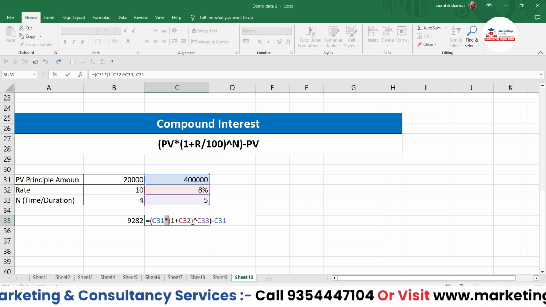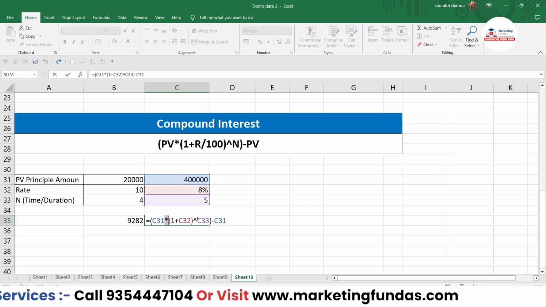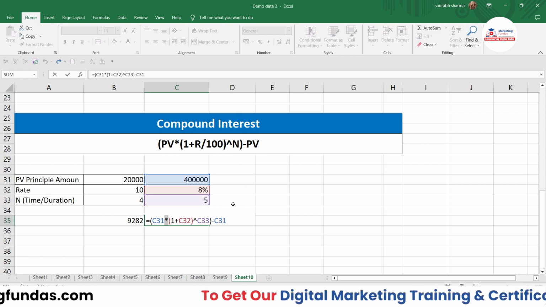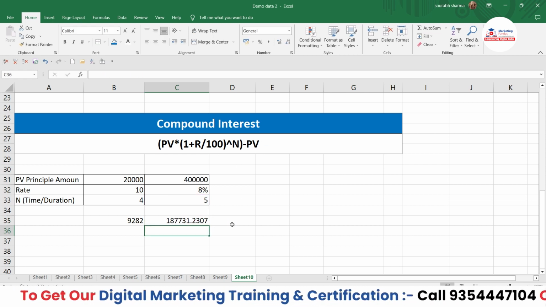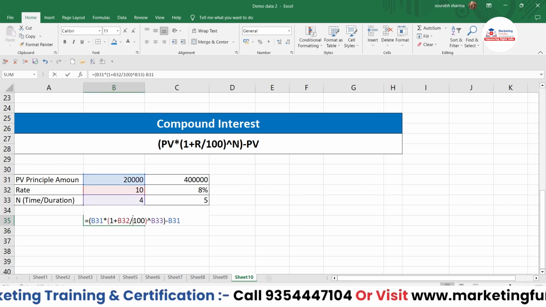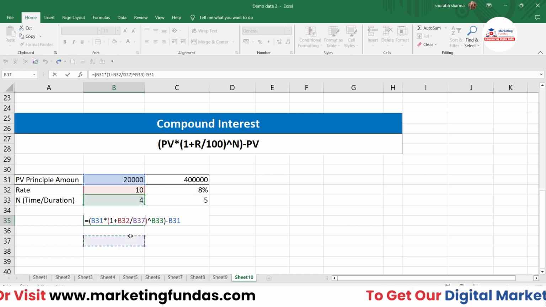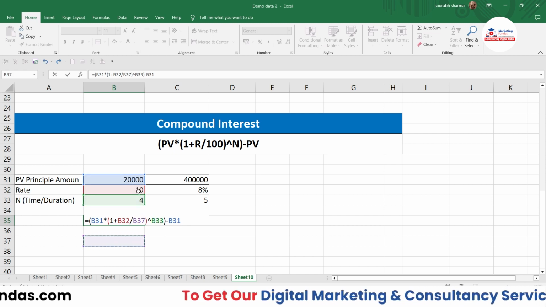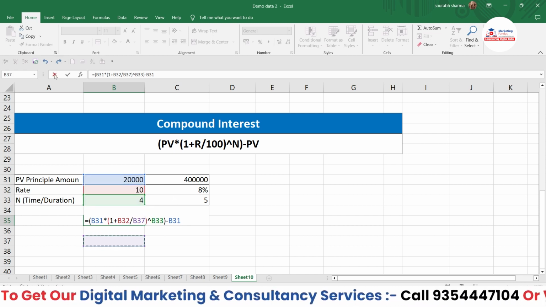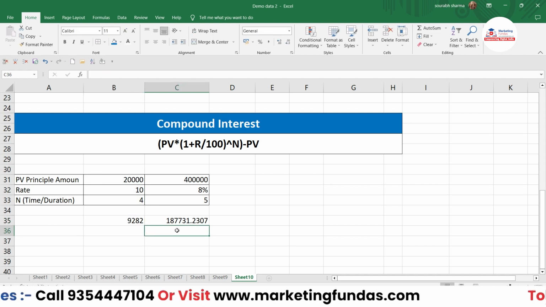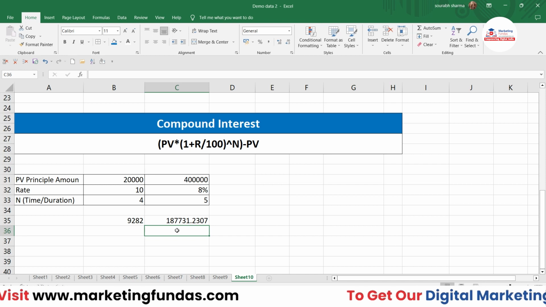Then bracket close, applied power, then selected the time, bracket close, minus principal value, and this is what I got here, right? And here I have applied divided by 100 as well, because here I haven't added the percentage mark, right? So I hope you got the point. So this is how you calculate simple interest and compound interest.